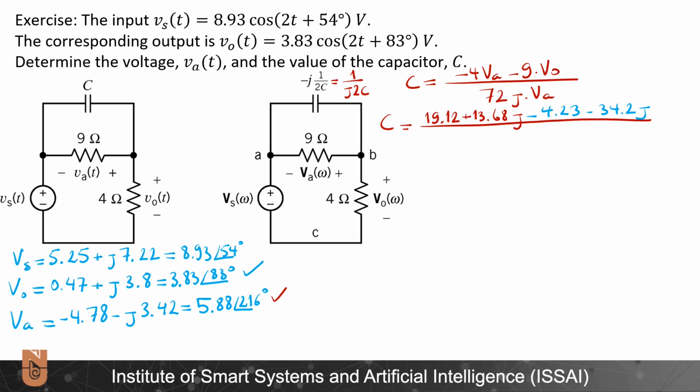So j adds 90 to whatever the angle of that VA is, so the angle will be 306, and I will have 423 times an angle of 306 degrees. Let's write this upper part in a more convenient form.